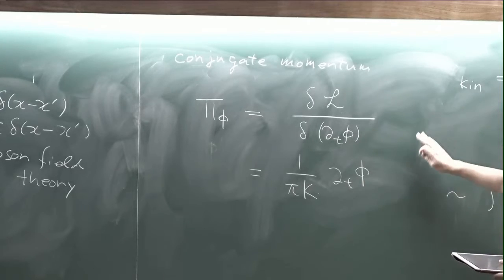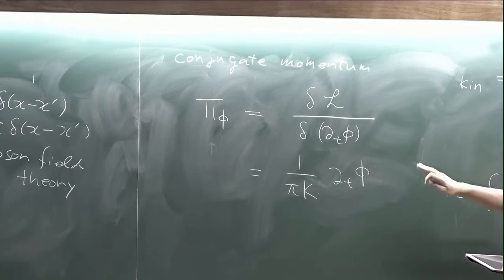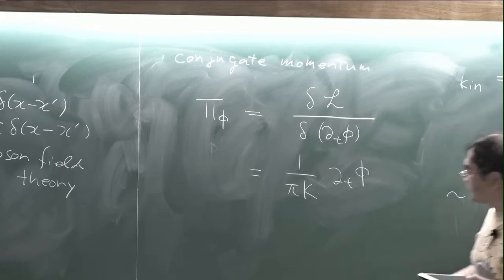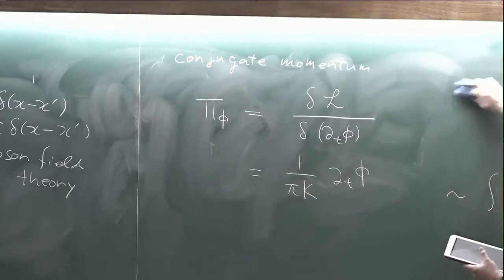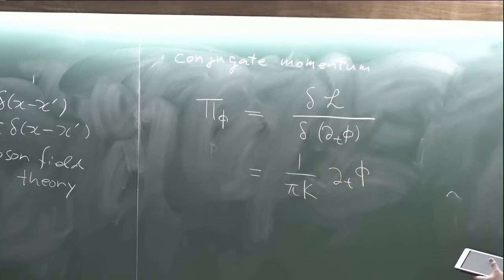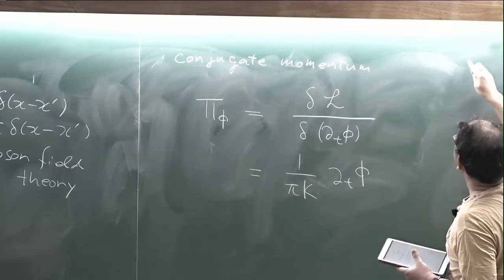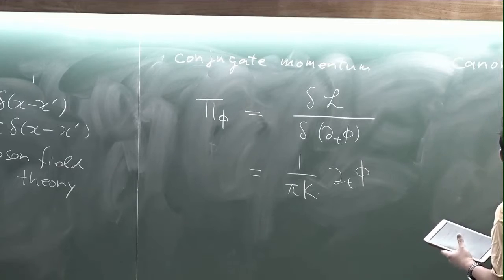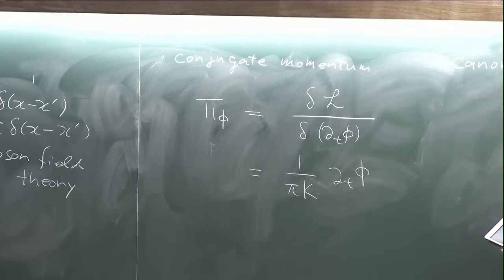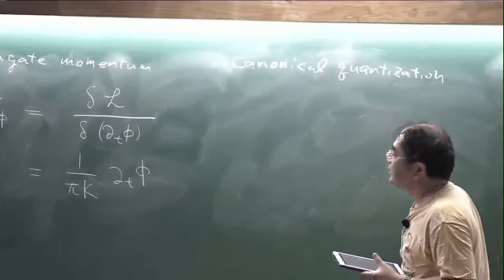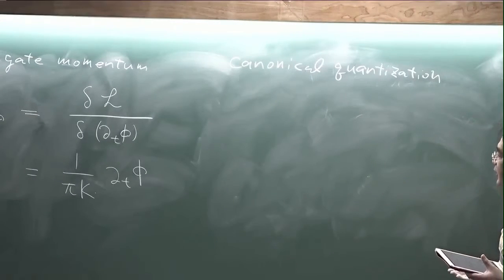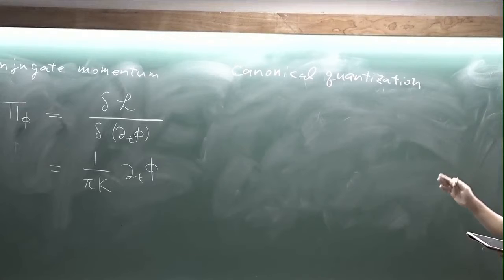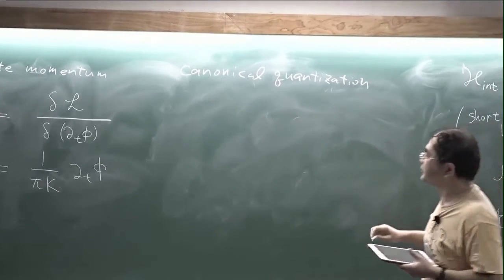And once you have the conjugate momentum, if you do the canonical quantization, so to do canonical quantization, you impose a canonical commutation relation between the conjugate momentum and the field itself.